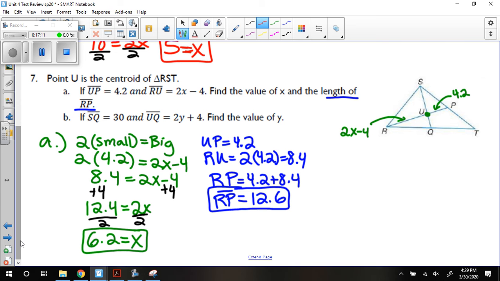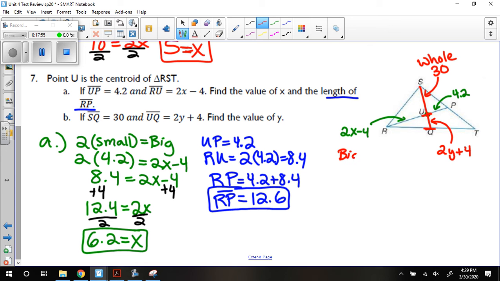All right, for part B, you are told SQ. SQ, that's the entire thing, is 30. You are also told UQ, this piece, from here to here, is 2y plus 4. So here, I'm going to write that the whole thing is 30. If you know that the whole thing is 30, we also talked about the fact that the big piece is 2/3 of the whole thing.